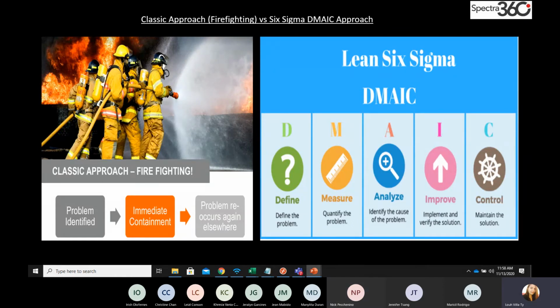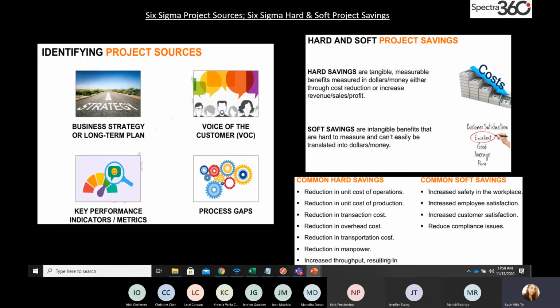Before we start with the define phase, I feel that this is very important information you need to know for your process improvement project. At this point, most of you might already have your projects in mind, but for some of you who don't have it yet, these are some of the project sources in Six Sigma.